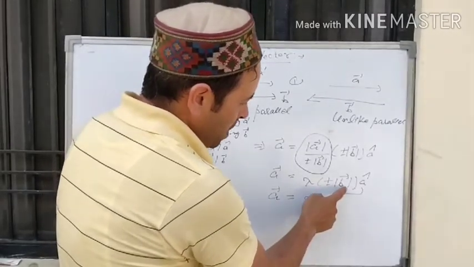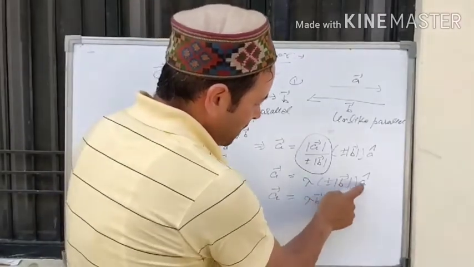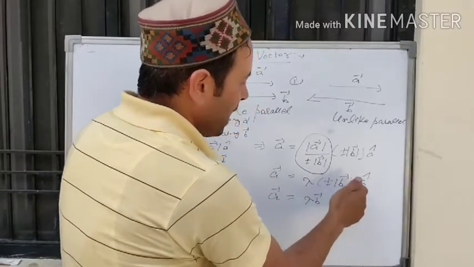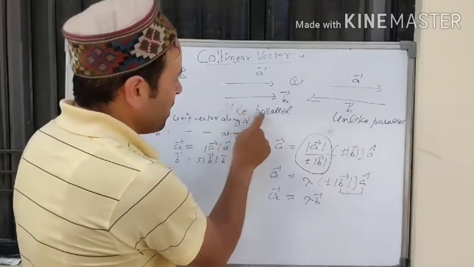This is the magnitude of B. If we take plus A unit vector, then the direction of B is parallel to the vector A, means we can say like parallel.